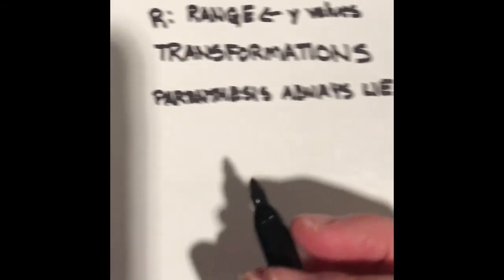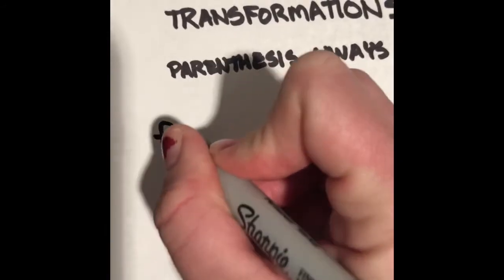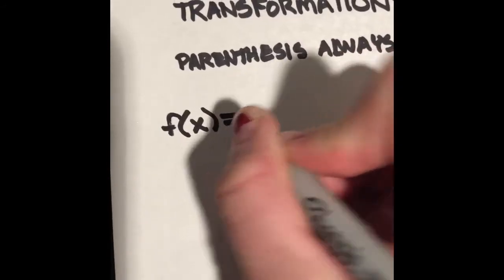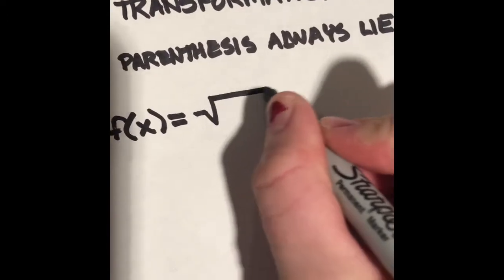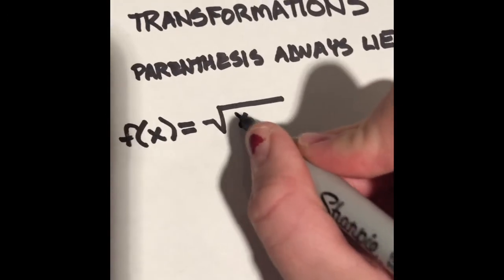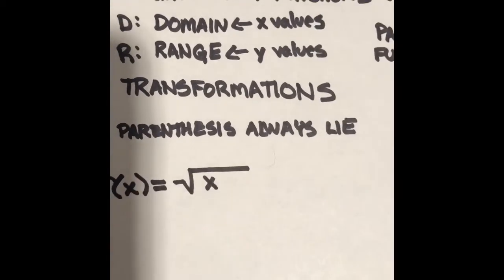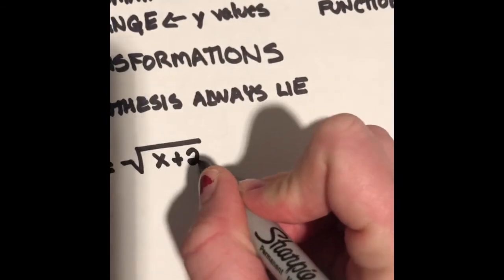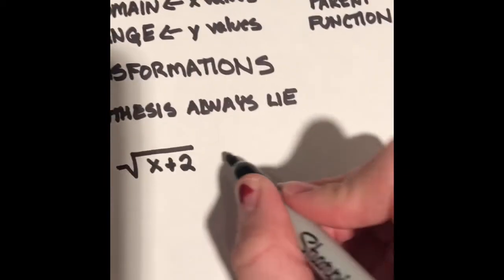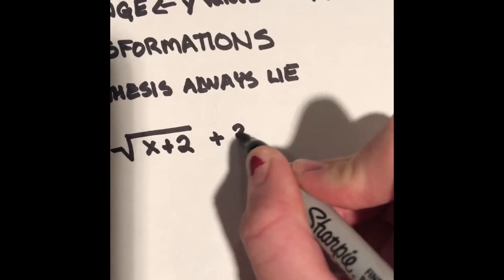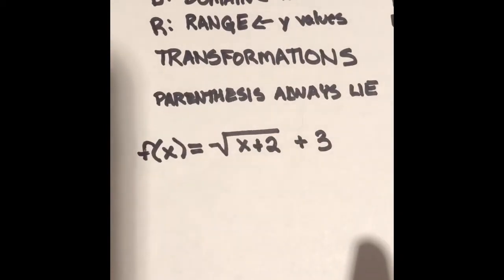So if we have a function over here, let's use f of x equals, the original one we actually used. So let's go back over there and let's look at our x plus 2. We have x plus 2. Let's add on, for simplicity's sake, a plus 3. All right.